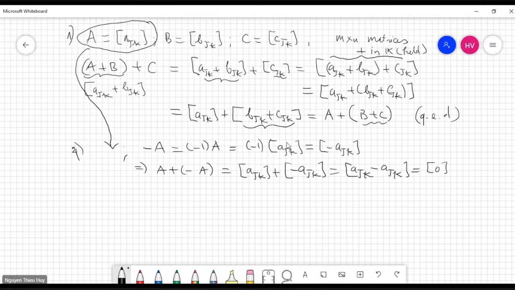So we obtain 0. In this case, I don't have to write the size of 0 here anymore, because it should have the same size m by n as A and as minus A, clearly.